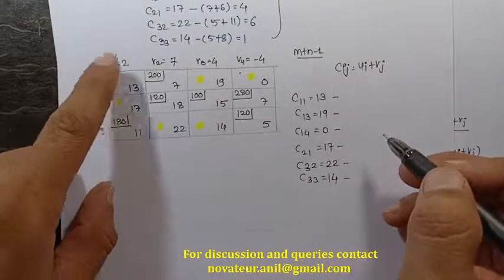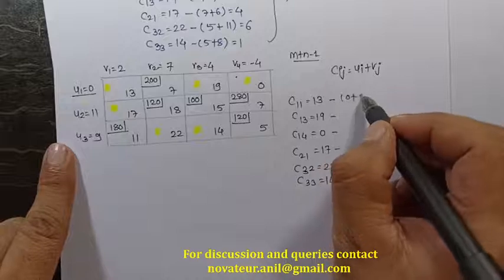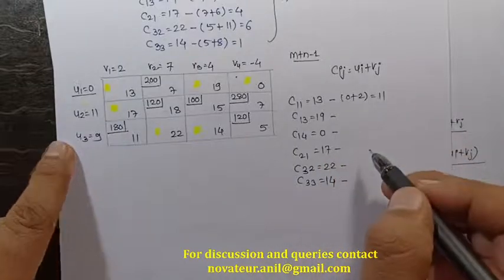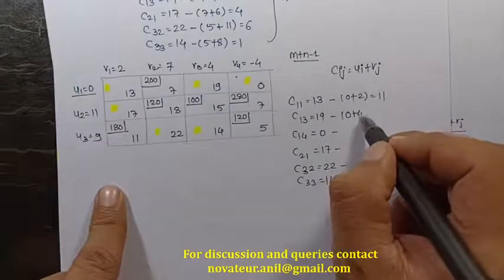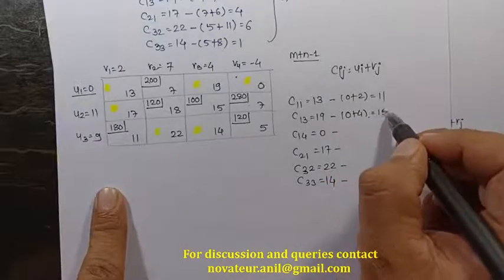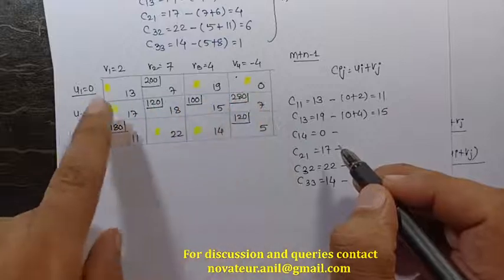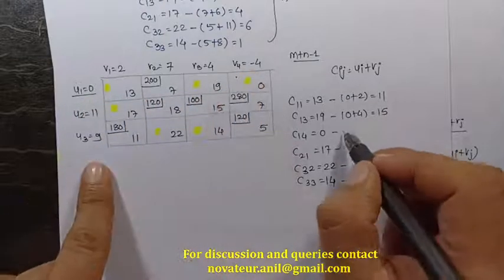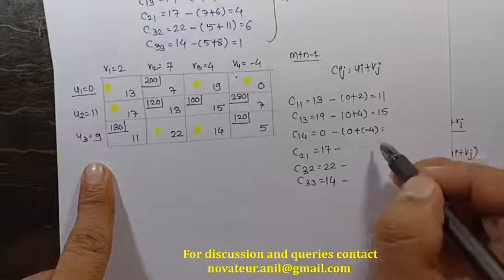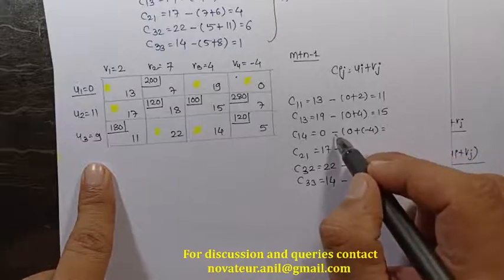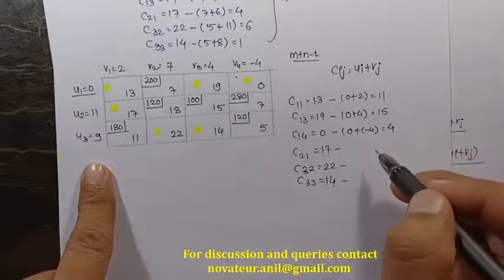For 13, 0 plus 2, that is equal to 2, so 13 minus 2 gives 11. Again for 19, 0 plus 4, so 19 minus 4 will be 15. Next is 0, so 0 minus (0 plus minus 4).